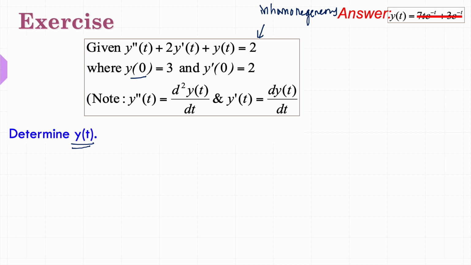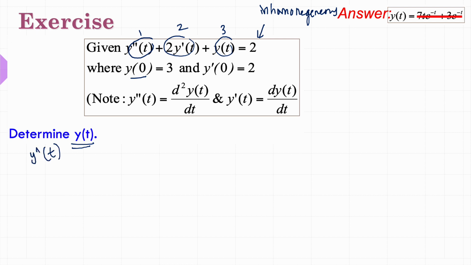Same as before, we need to do it one by one. This is the first term, the second term, and the third term.